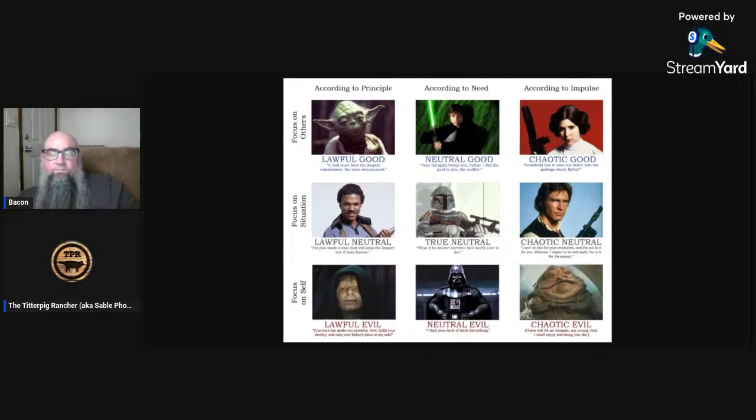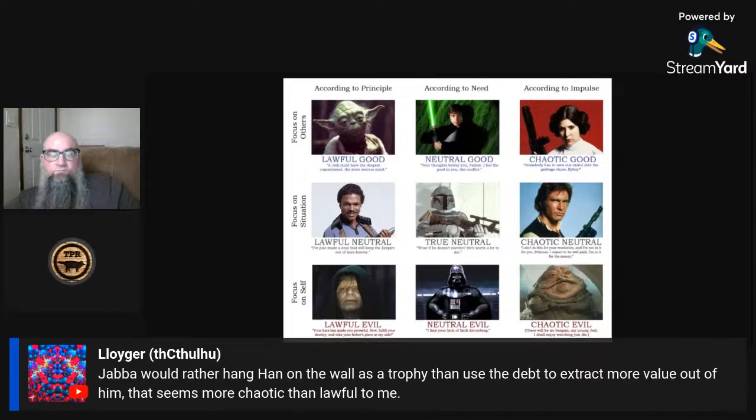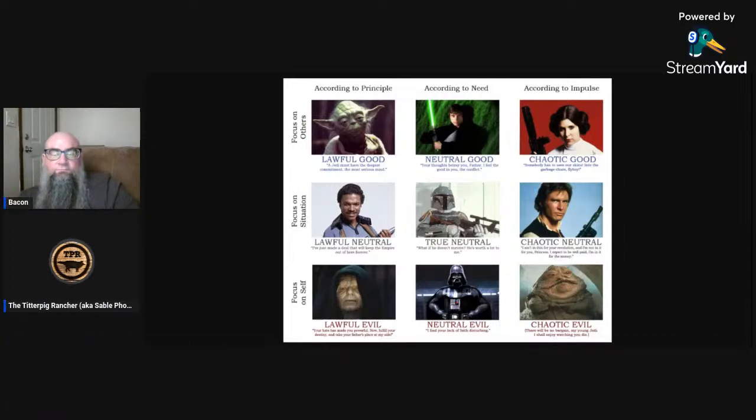But yes, for real, Jabba would rather hang Han on the wall as a trophy than use the debt to extract more value out of him. That seems pretty chaotic to me, and that is exactly the train of thought I'm going down as well. It doesn't matter. There was not a legally enforceable contract set up between Han and Jabba.